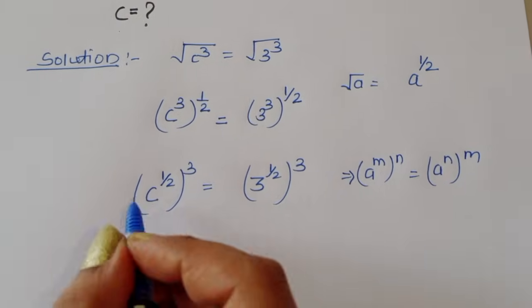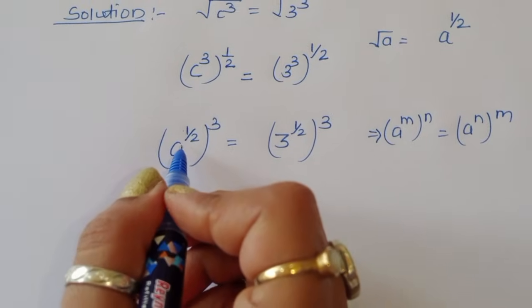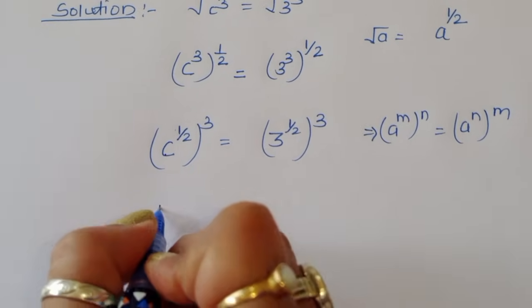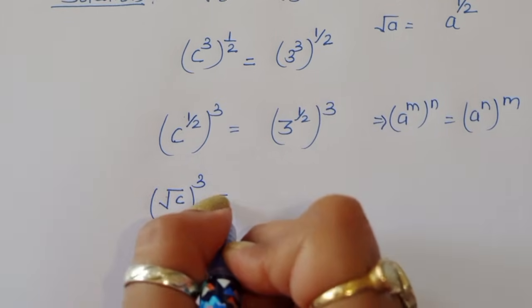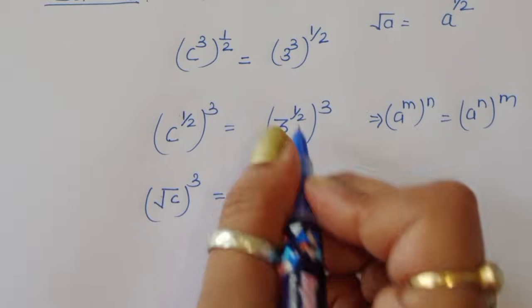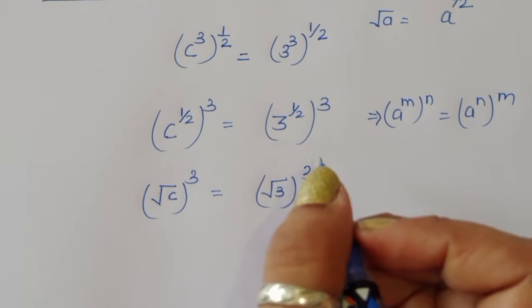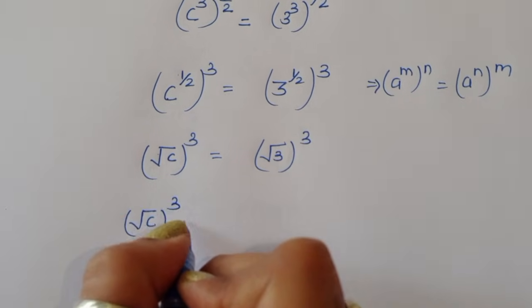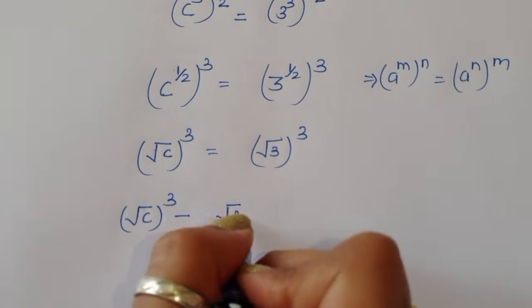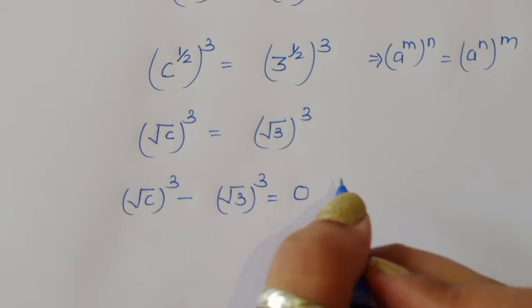Now c power 1 by 2 we can write as square root of c. So it will become square root of c power 3 is equal to square root of 3 power 3, right? Now square root of c power 3 minus square root of 3 power 3 is equal to 0.